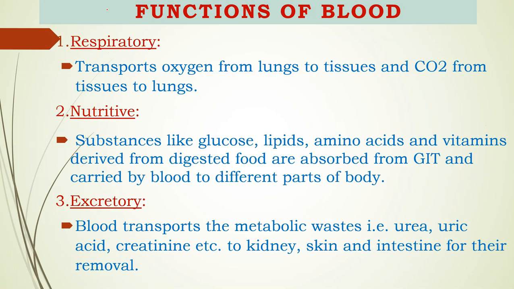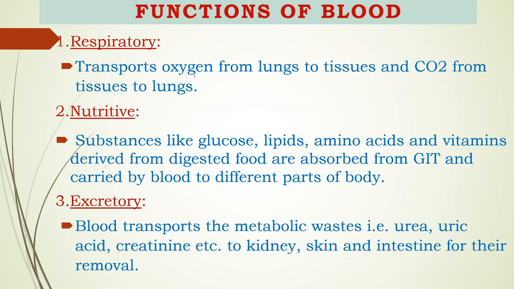Let's see the functions of blood one by one. The blood is mainly respiratory in function. All these are the utmost important functions of the blood. It transports oxygen from lungs to tissues and carbon dioxide from tissues to lungs. Very important for gaseous exchange. And the next important function is nutritive function.